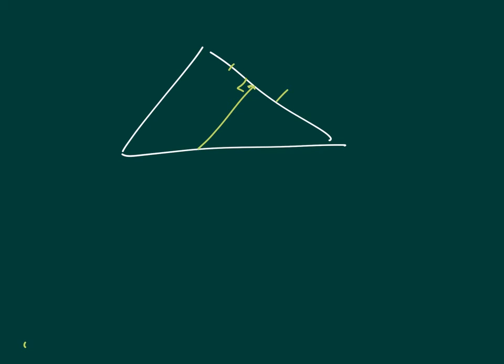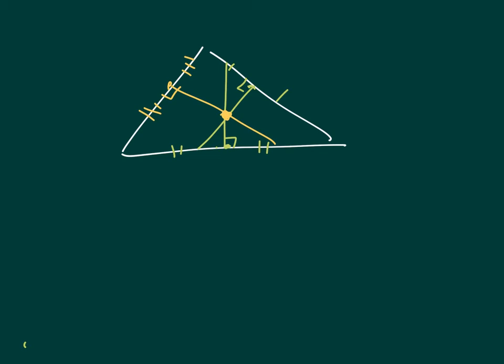Then we put the perpendicular bisectors inside a triangle. Okay, and we said that they have a point of concurrency, right?